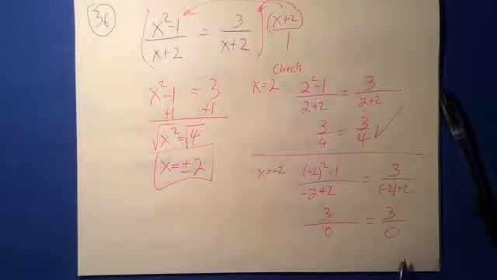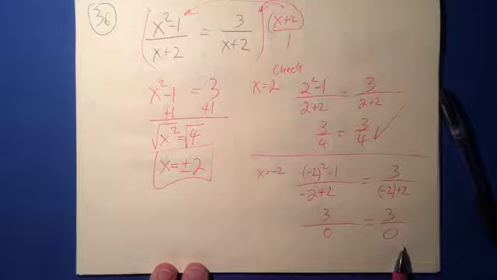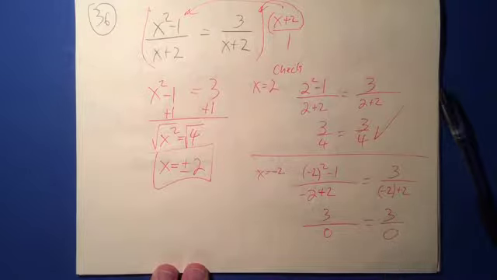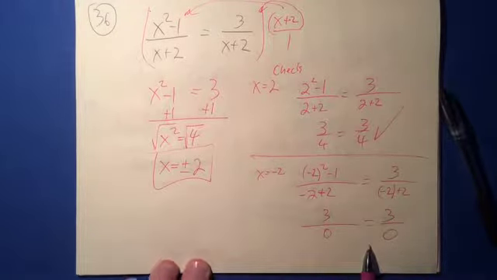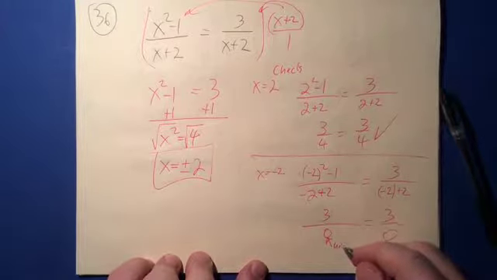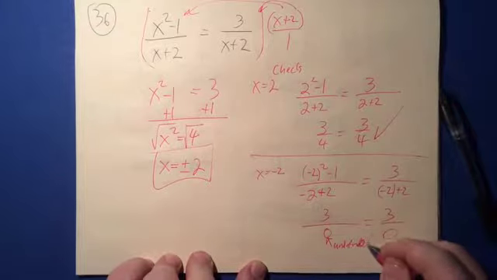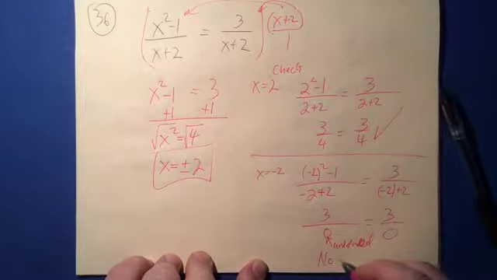Now, you may have said that these are equal, but remember, we cannot have a 0 in the denominator of the final answer. So because we can't have 0 in the denominator of this answer, then this has no solution. So we can't accept this because this is undefined. So therefore we say this has no solution.